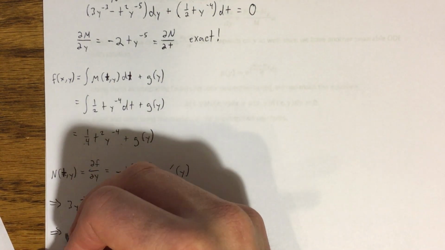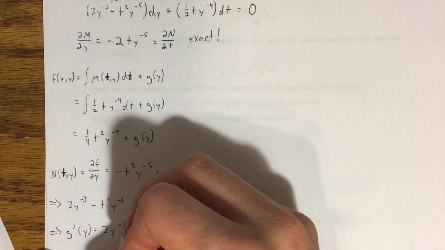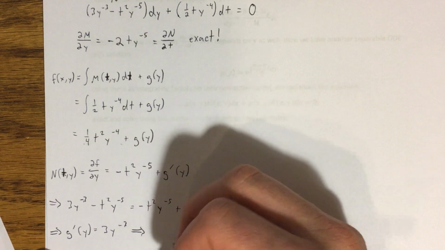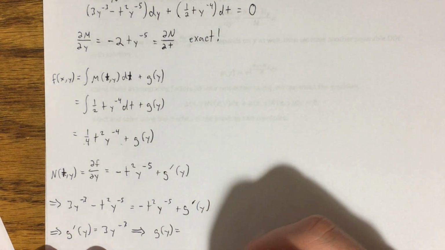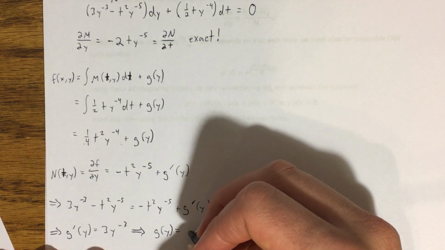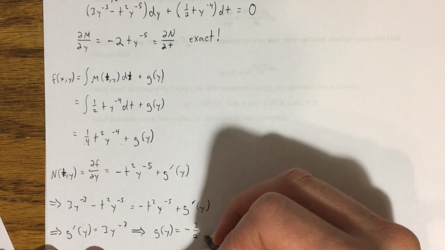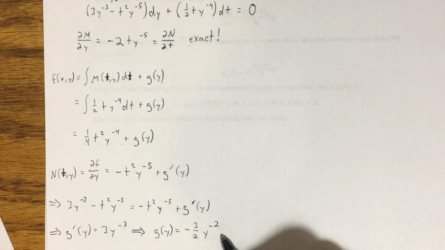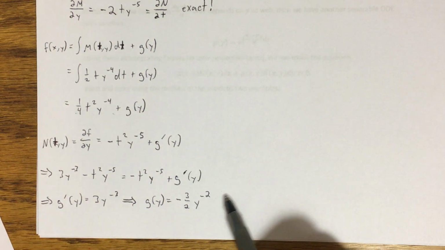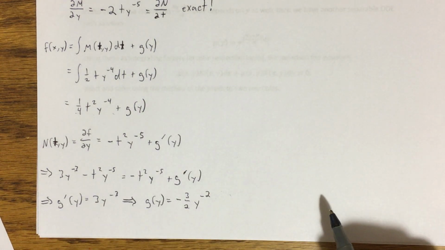This means that g prime of y is equal to 3y to the negative third power. Find an antiderivative for that. That means g of y is equal to, what is g of y going to equal? It's going to be negative 3 halves y to the negative second power. Okay, and again, last time I wrote a plus c here, but remember that plus c ended up getting absorbed into the constant that we were going to use anyways.